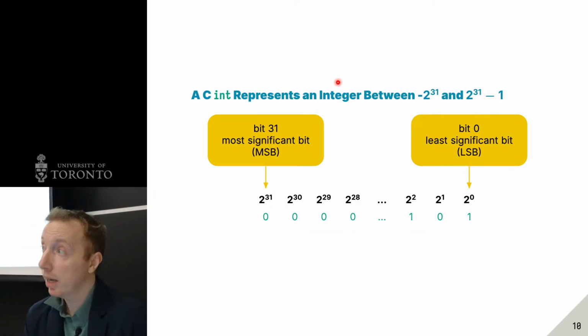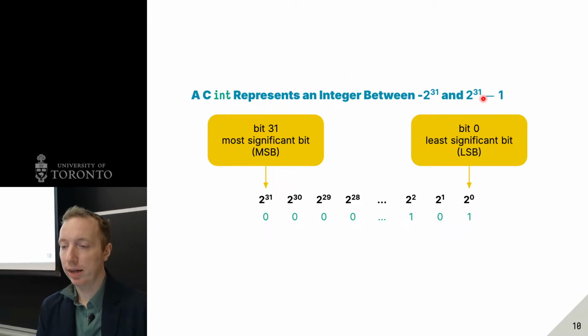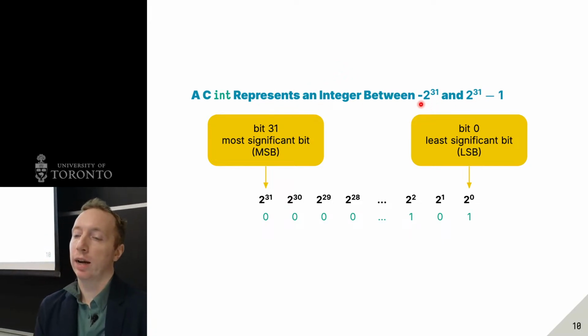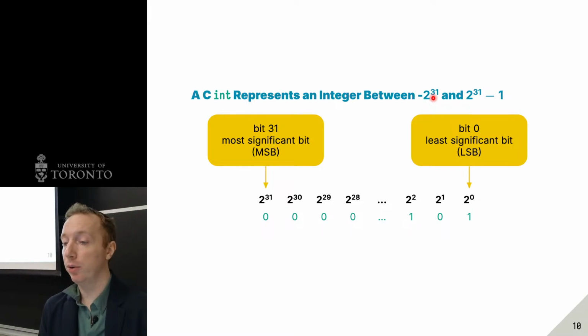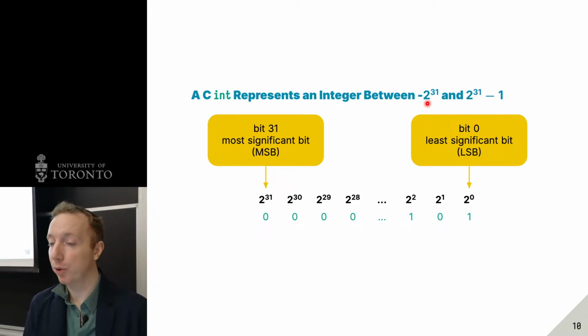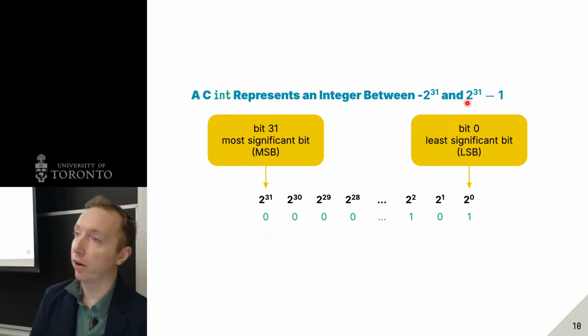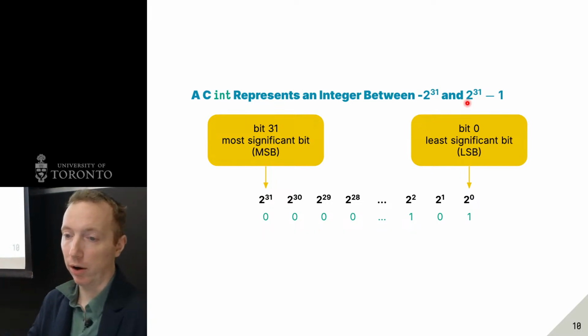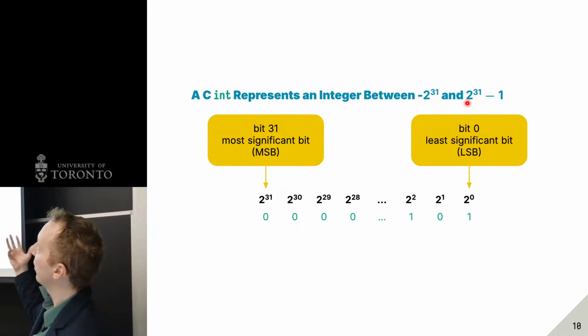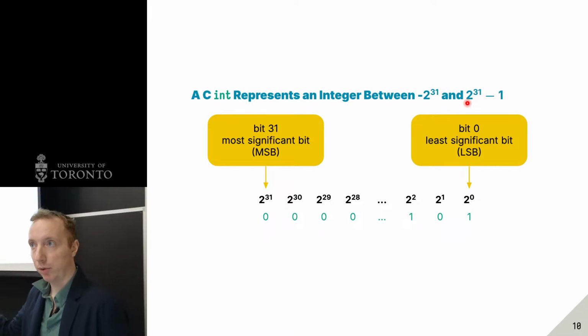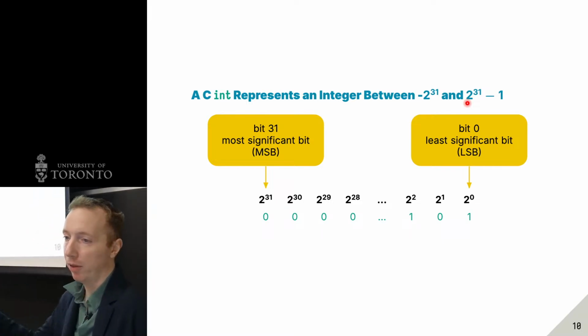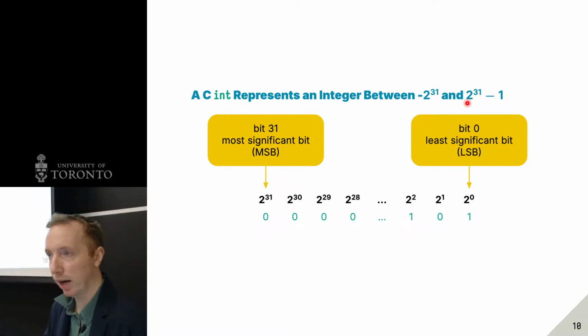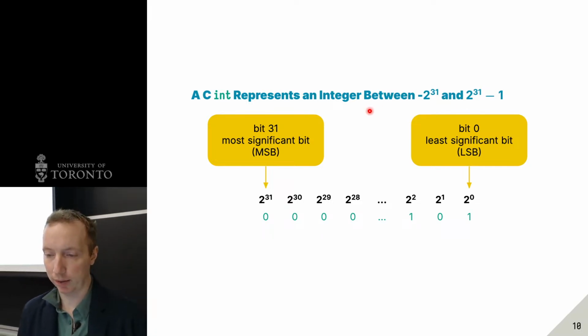So in actuality, an int in C represents numbers between negative 2 to the 31 and 2 to the 31 minus 1 inclusive. If you do the math on that, that's still 2 to the 32 choices, with about half of them being negative and slightly less than half of them being positive, with the other one being 0.